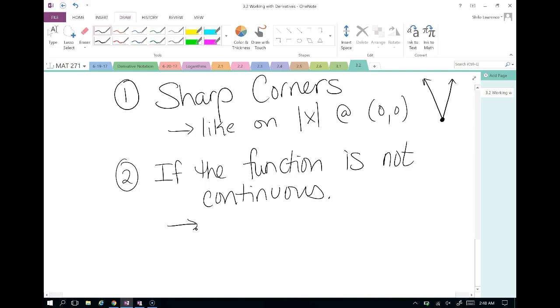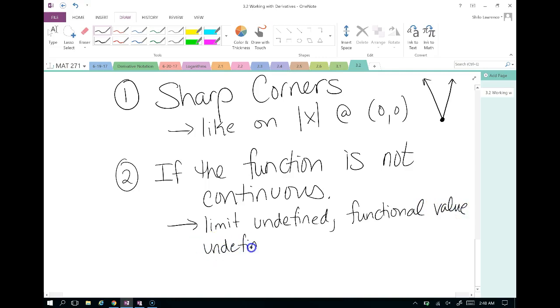So the three criteria we said that would make it not continuous is the limit is undefined, or the functional value is undefined, or at one particular spot our limit does not equal our functional value.